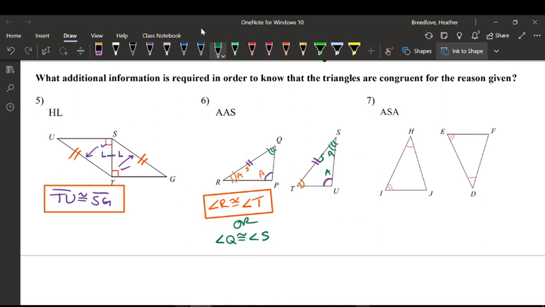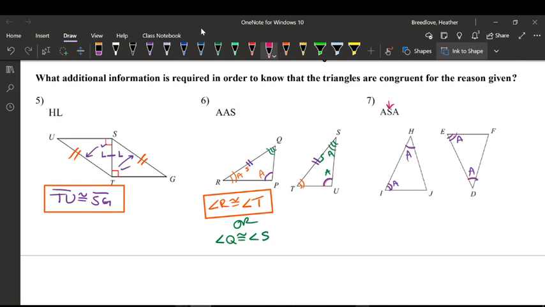And then the last one, to prove that this is angle side angle, this is what we have. We know that angle H is congruent to angle B. We know that angle I is congruent to angle E. Those are angles. So if we want angle side angle, the S is touching both of the A's.